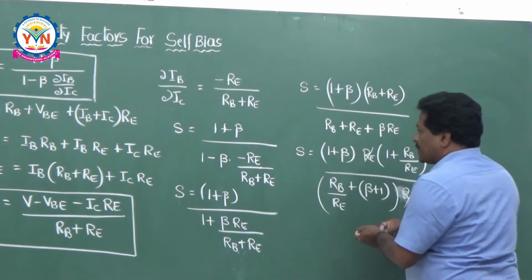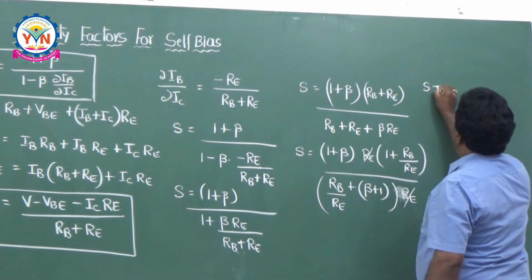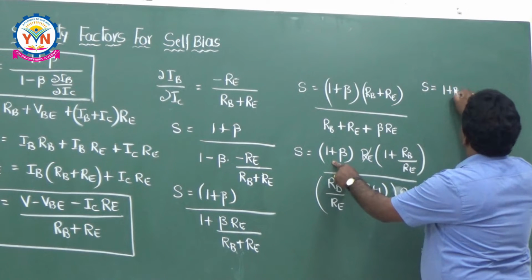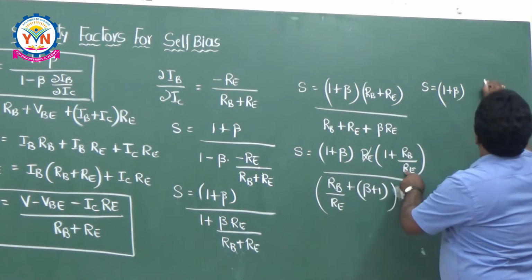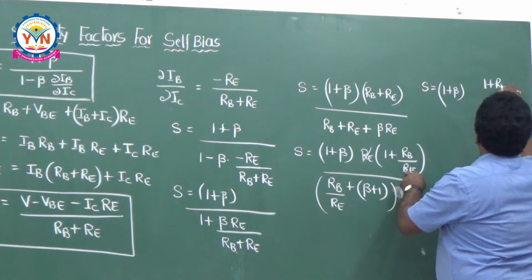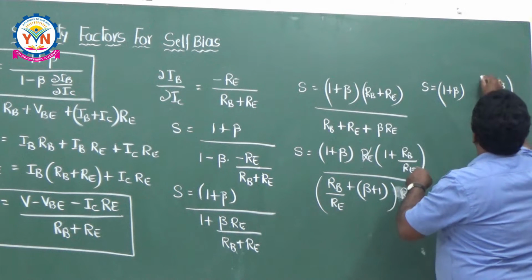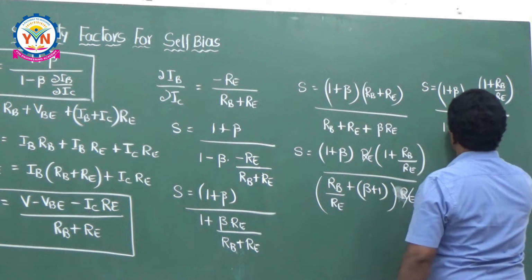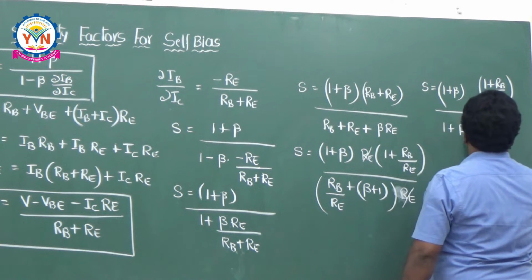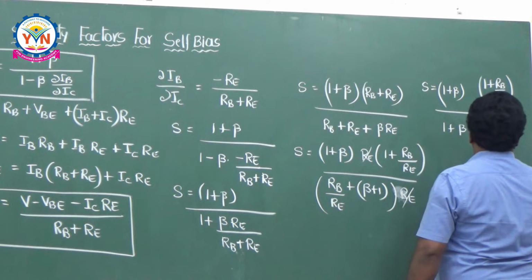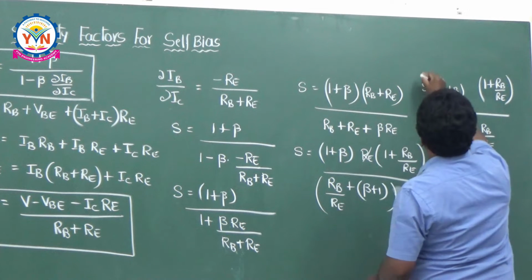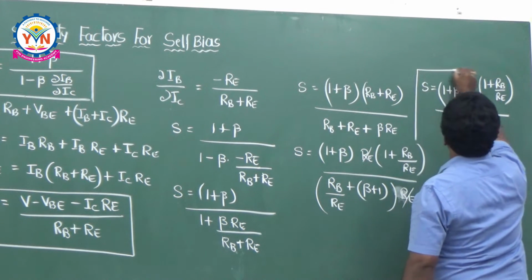S is equal to 1 plus beta into 1 plus RB by RE, divided by 1 plus beta plus RB by RE. So, this is the expression for the stability factor for your self-bias circuit.